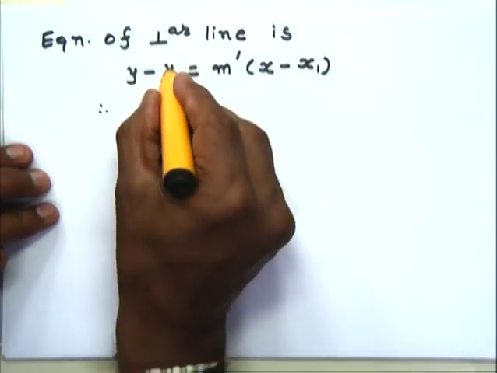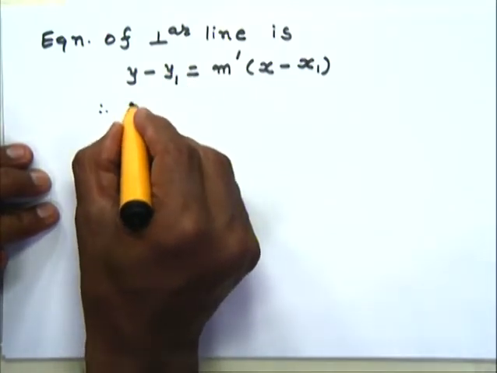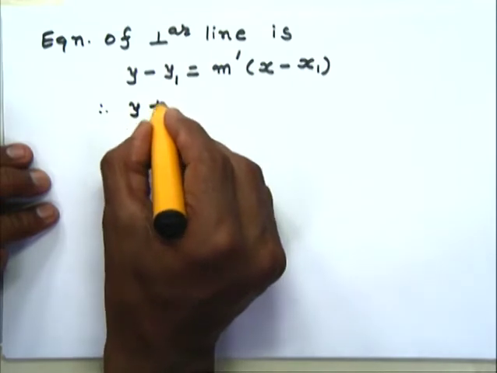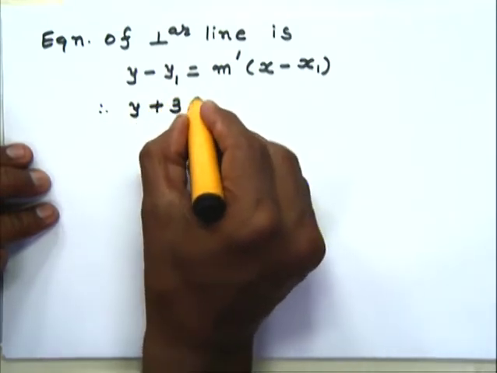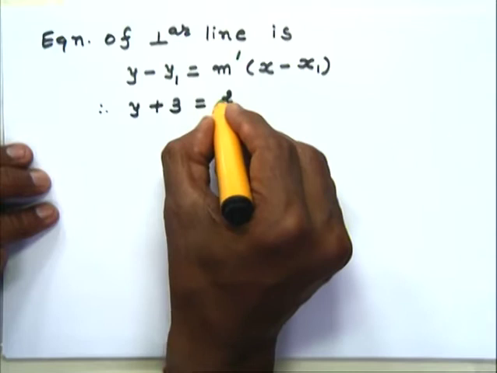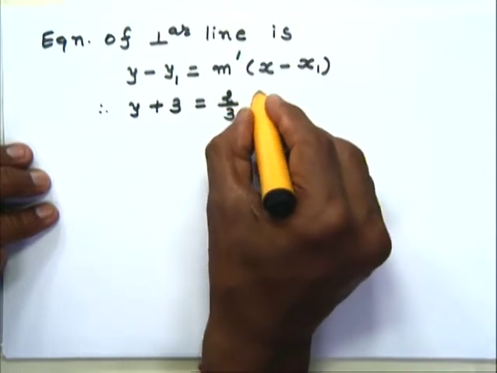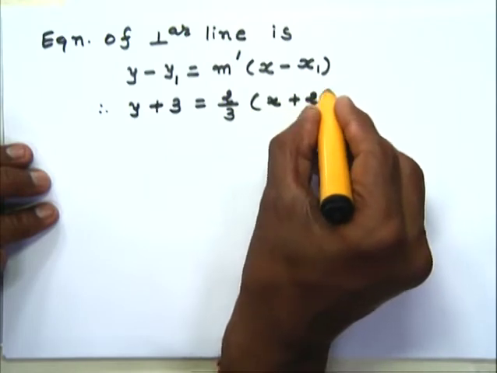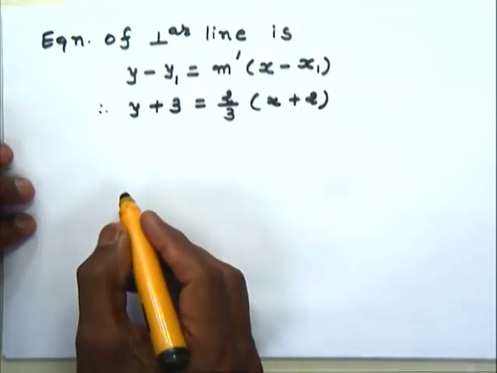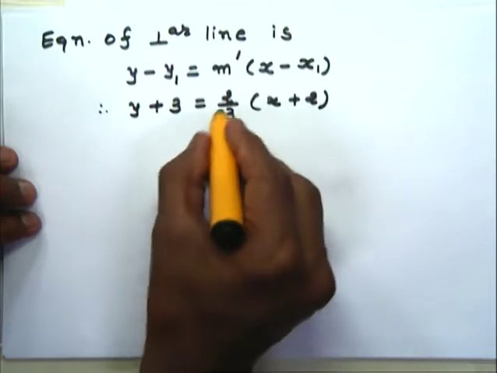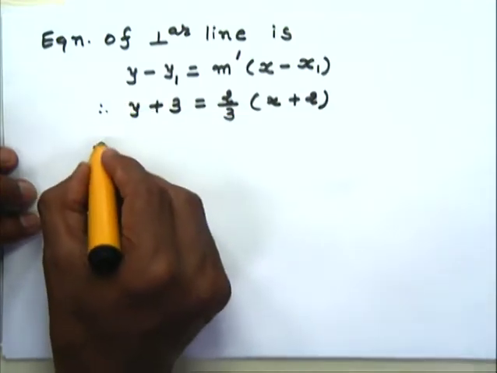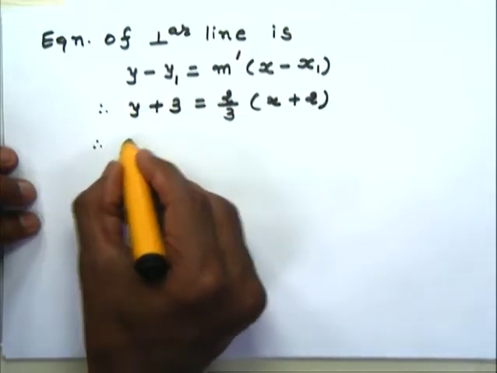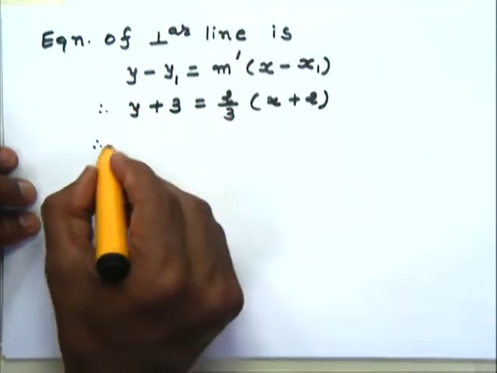We substitute y1 equal to minus 3: y minus of minus 3 equals 2 by 3 times x minus of minus 2, and on simplification, multiply by 3.